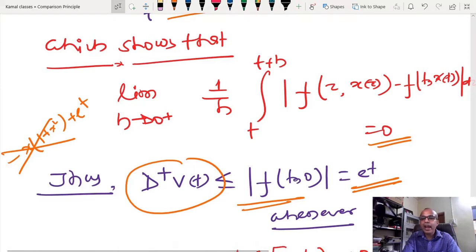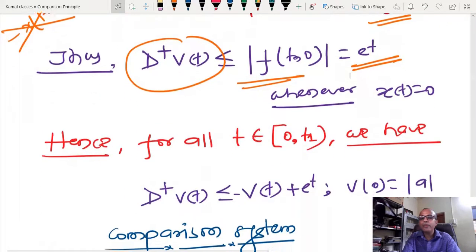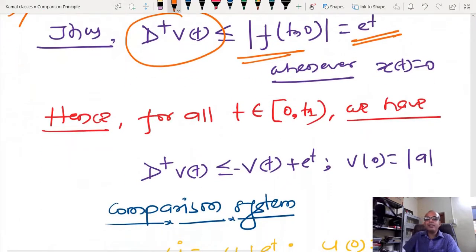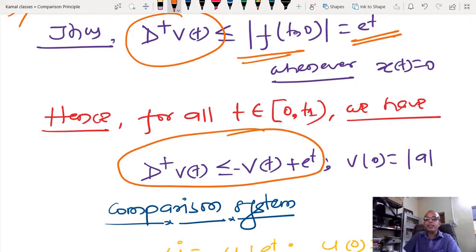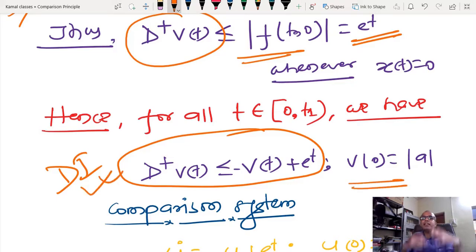Due to that reason, at x equal to 0 also, I can tell that if I select this kind of differential inequality, and if v(t) equal to 0, then this term disappears, so again the same inequality will be satisfied. So now the comparison system is perfectly fine. This is valid for x equal to 0 and apart from x equal to 0 also.